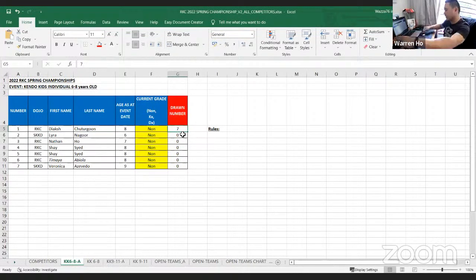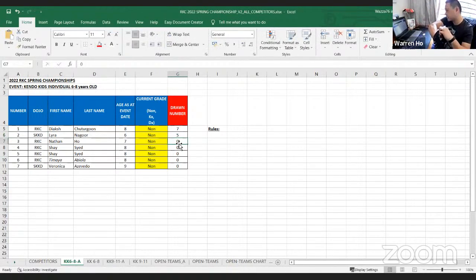Okay, number 7's gone. The second person is Lyra Nagur. She's 6 years old, and she's going to be number 5. So Lyra is also going to be in pool B. Then we're moving on to Nathan Ho.